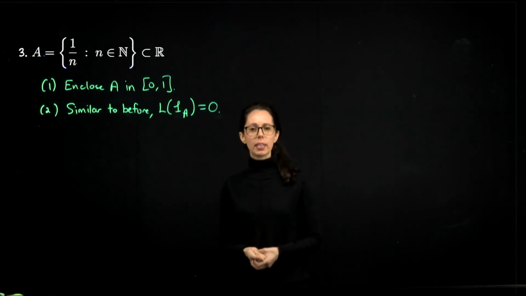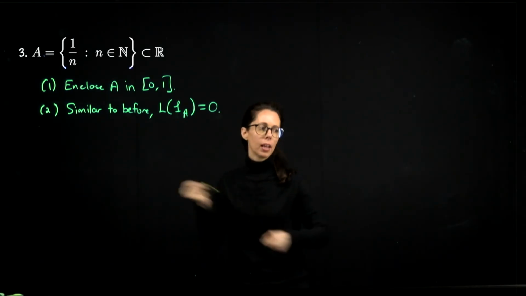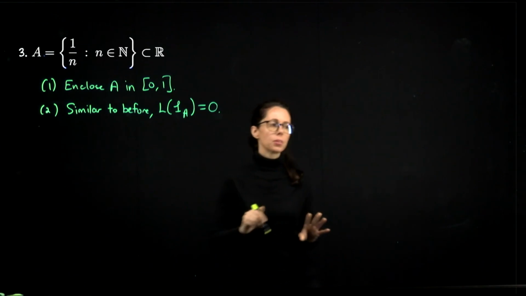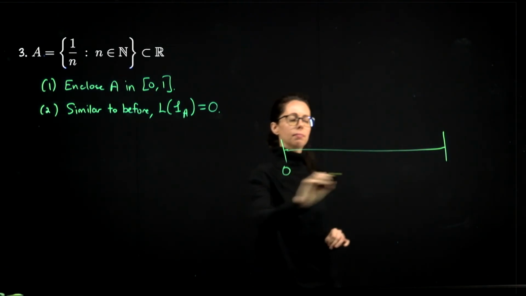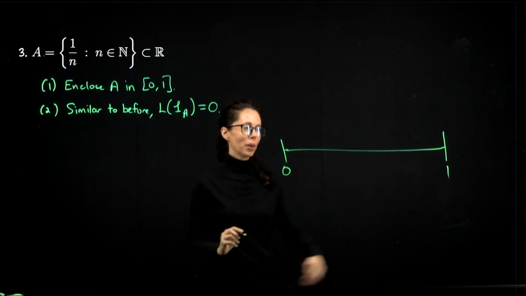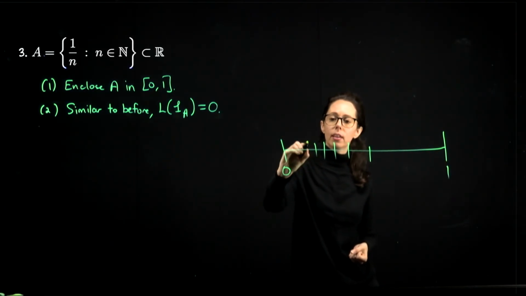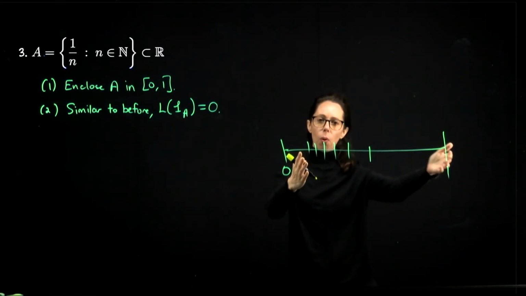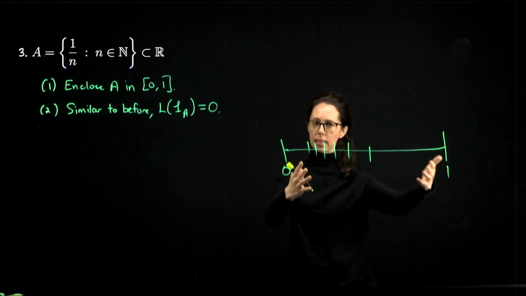Just like before, now we need to turn our attention to the other side and think about the upper integral. I'm going to do it a little bit differently, though. So for a picture of what's going on, here's the unit interval from 0 to 1. Okay, 1 itself belongs to A, then a half, a third, a fourth, a fifth. When we look at these points, well to the right of 0, they are just discrete points, and it kind of looks like the example we just did.